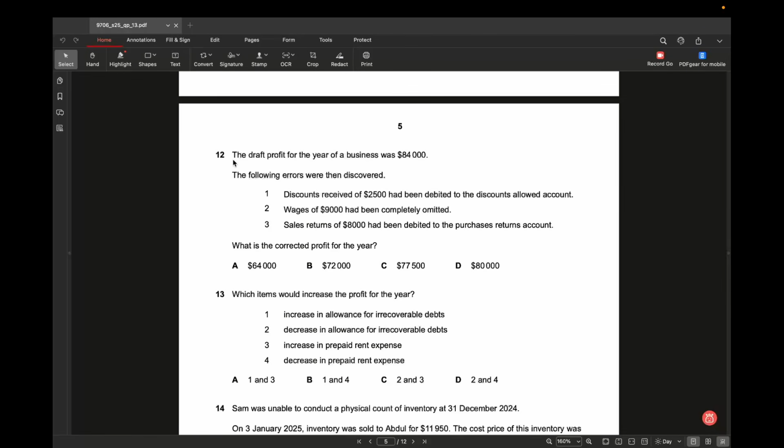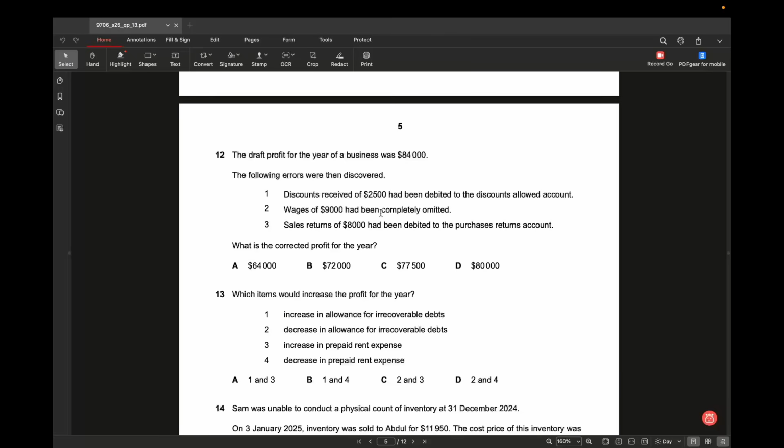Question 12. The draft profit for the year of a business was 84,000. The following errors were then discovered. Discount received 2,500 had been debited to the discount allowed account.